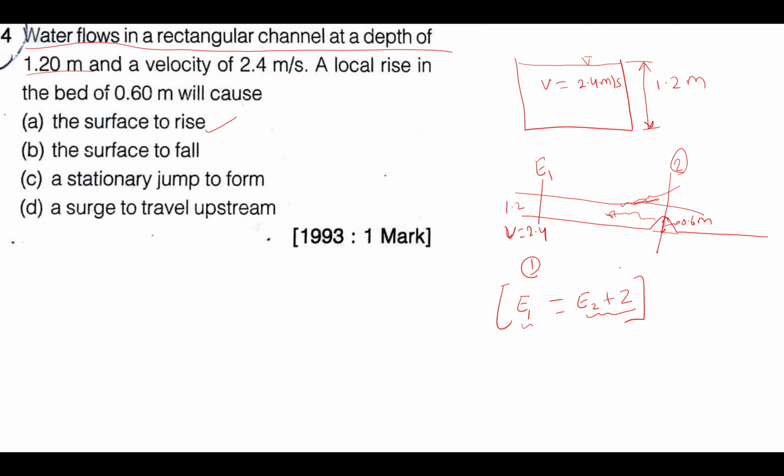For calculating, you know the formula of specific energy, E equals y plus v squared by 2g. For calculating E1 you need y1, and for calculating E2 you need y2. We don't know y2; it is not given in the question.